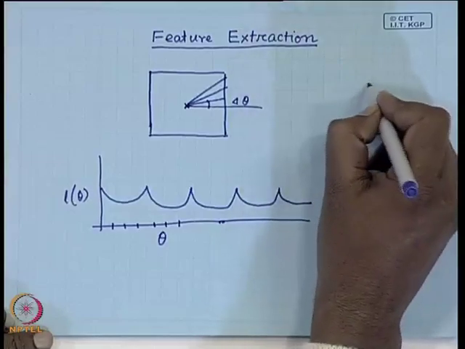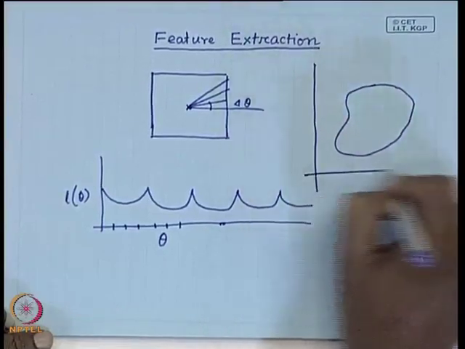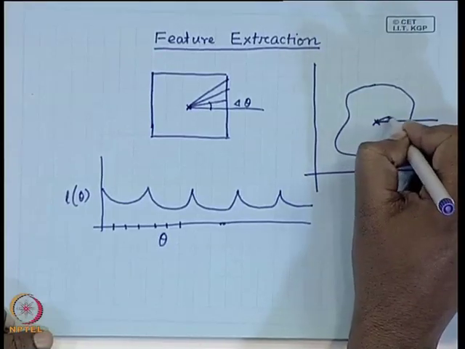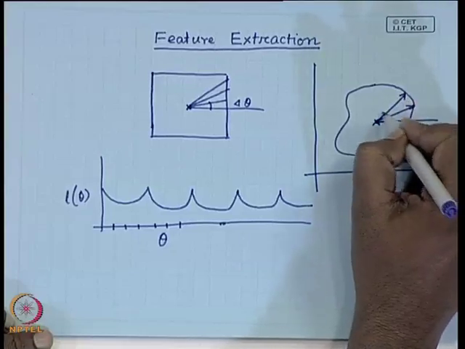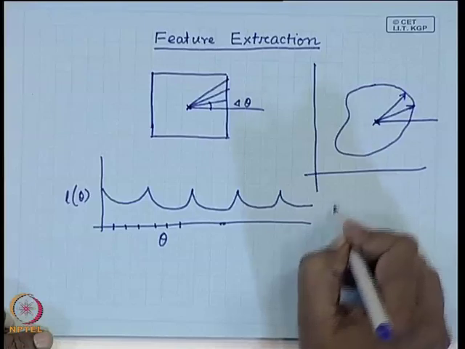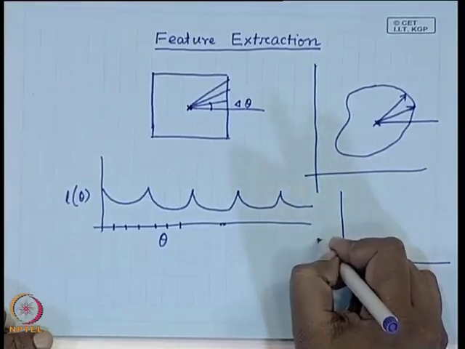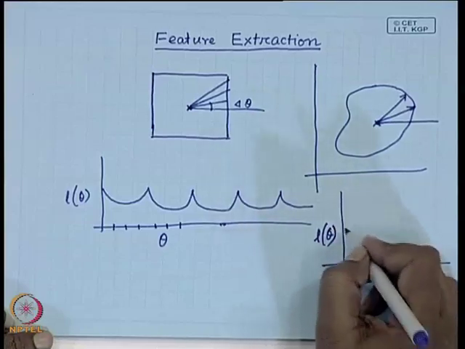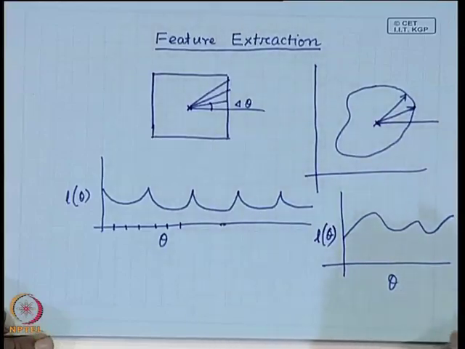In the same manner, if I have some arbitrary shape, again from the centroid of the shape, you take the distance of the boundary points in different directions, where this orientation, this direction, will be measured with respect to the reference line, which is horizontal. Again, I will get, with respect to theta, the distance of the boundary points from the center, which is given as L theta, and this L theta will also have some variation of this form.